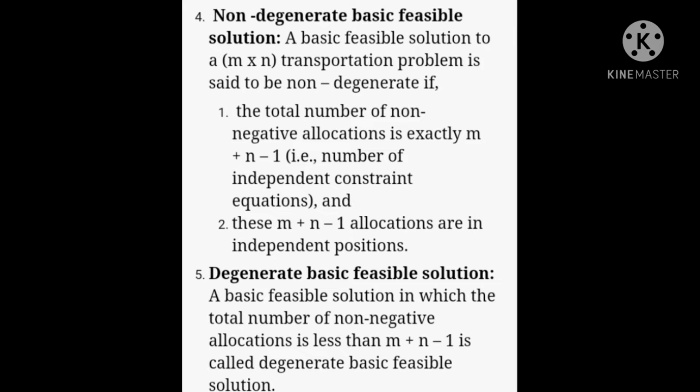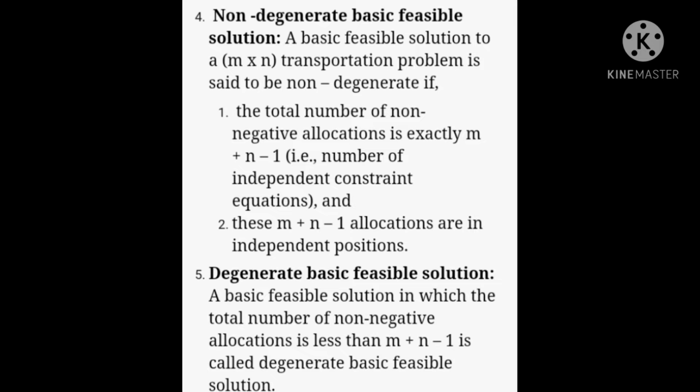For a non-degenerate solution, the allocations are equal to m plus n minus 1. Anybody can ask what m plus n minus 1 is: the number of rows plus the number of columns minus 1.